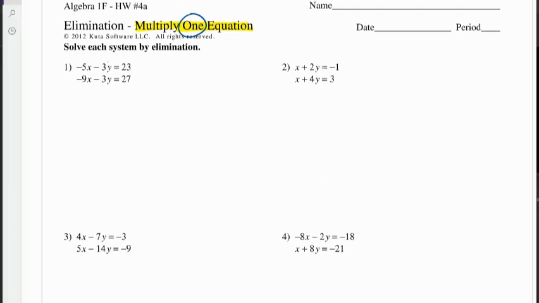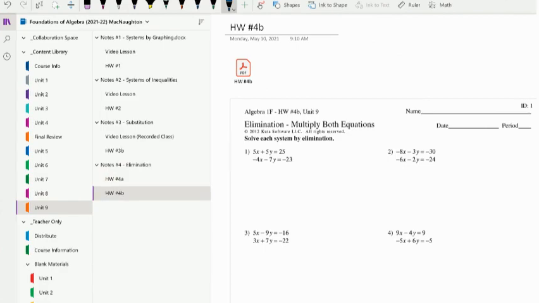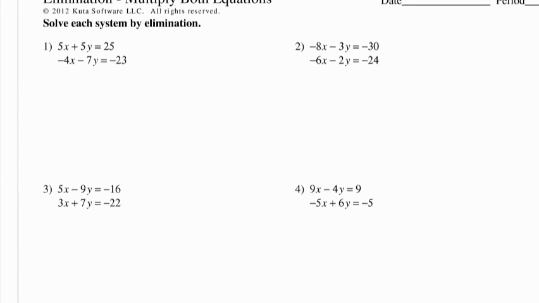So on the second page, you only have to multiply one of the equations by something to get those numbers to match. Then on your third page of the homework, you've got to multiply both equations by something. So 5 and 4 or 5 and 7, I can't easily make one of those the other, so I'm going to multiply both equations, right? Pay attention to your signs.